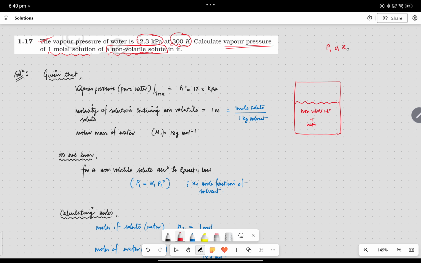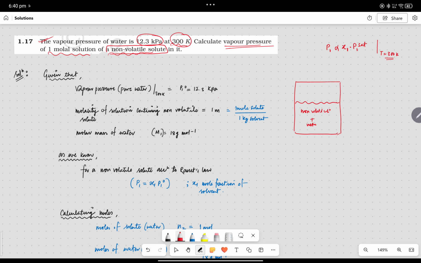is equal to the mole fraction of that component present in liquid phase into the vapor pressure of that particular component. Simple. At constant temperature, T is equal to 300 Kelvin.